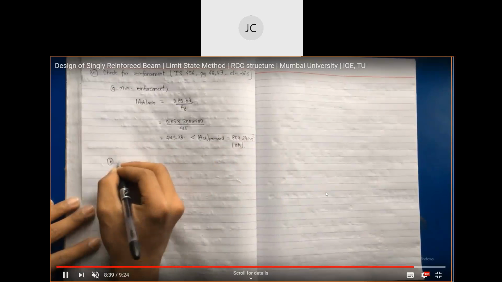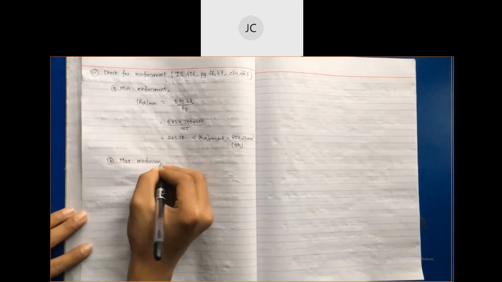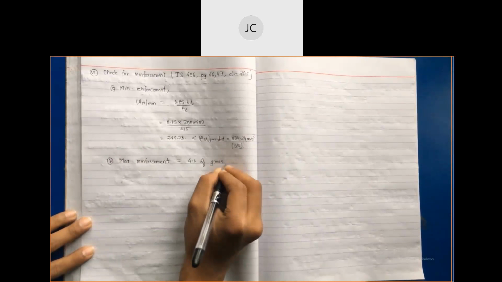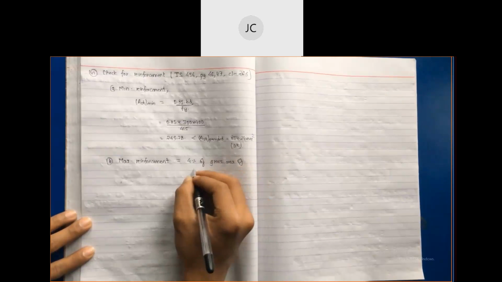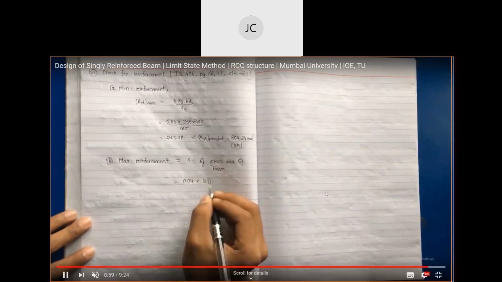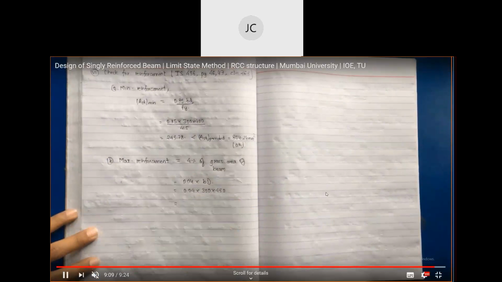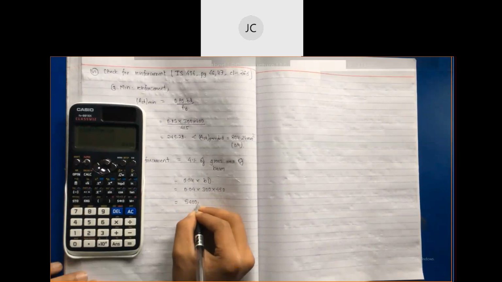Let's see how to find the maximum amount of reinforcement. Maximum reinforcement is 4% of gross area, 0.04 BD.